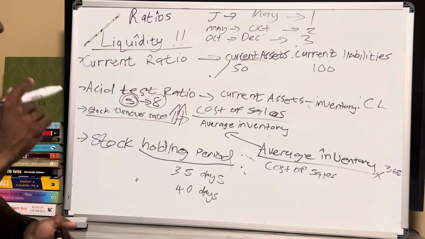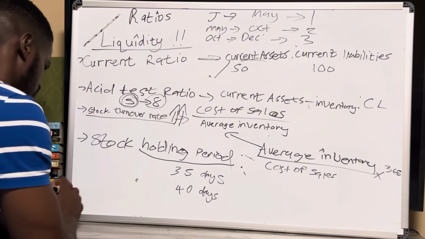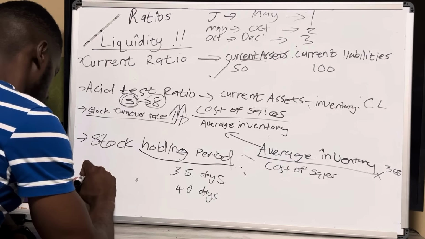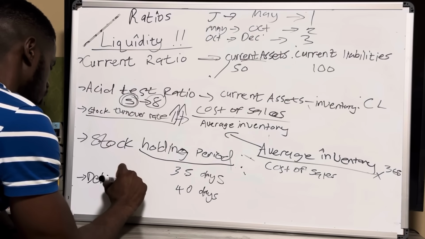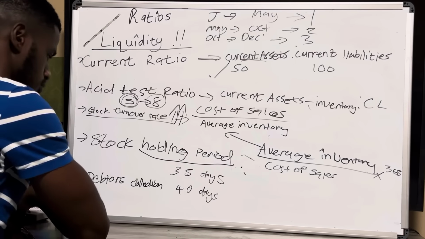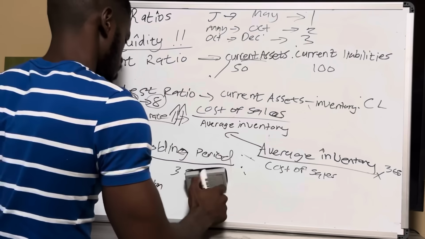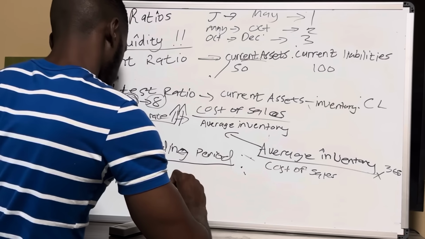All right, that is the 4th one. Then we talk about our debtors and our creditors. Then we have debtors collection period.